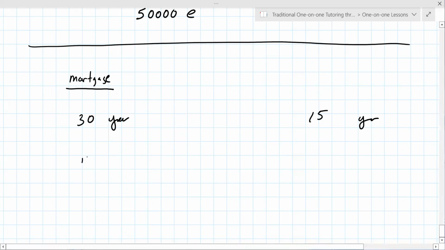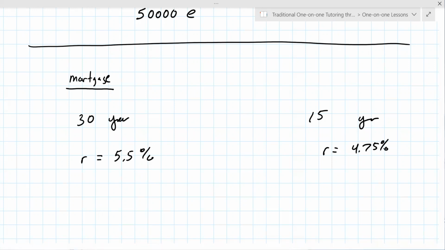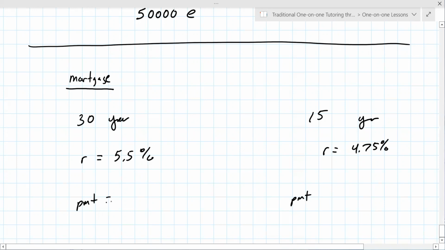And then they sometimes have different interest rates. This one will be 5.5%, and this one will be 4.75%. These are the types of problems where you really do want to know, well, what is the difference? And they usually give you two numbers. They say, well, your payment is some number and your payment is some number.